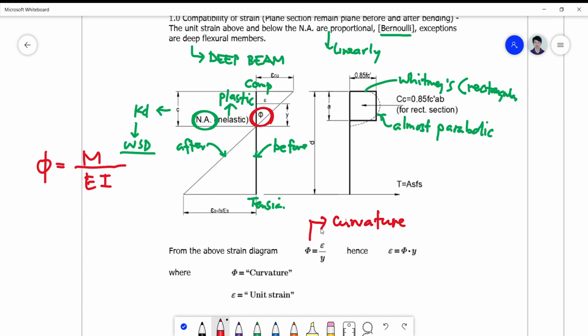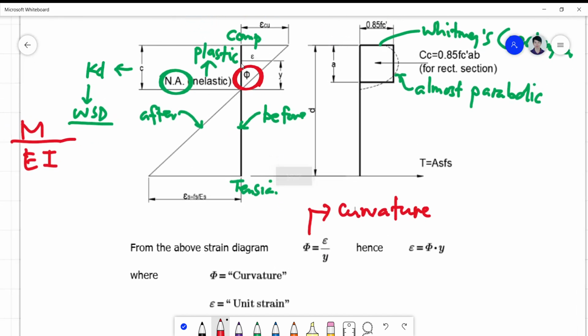But we will simplify the definition here first, taking note that phi is simply the angle between your strain, the deformation, all over a distance y from the neutral axis. So whatever strain is there, divided by y, is equivalent to the angle phi, which is exactly the tangent of the angle.